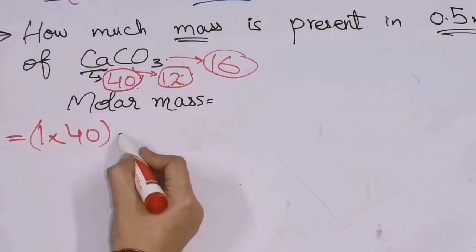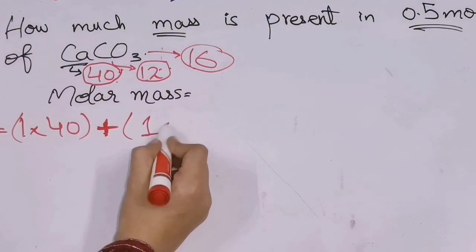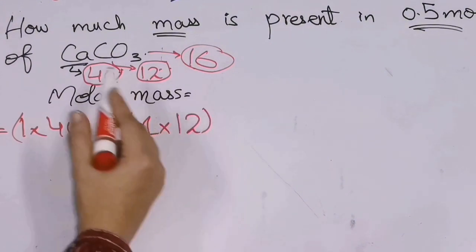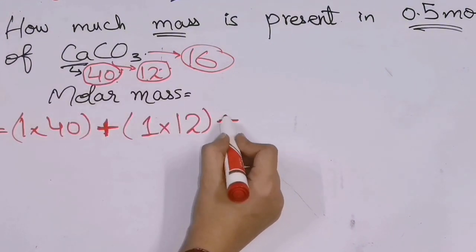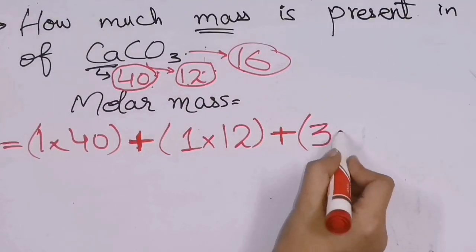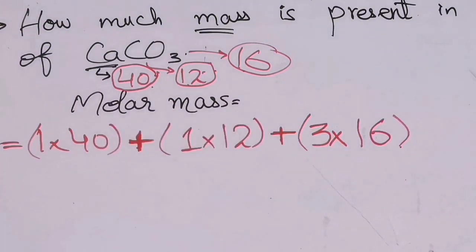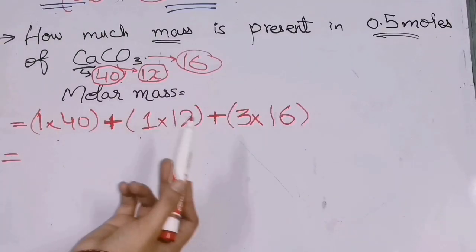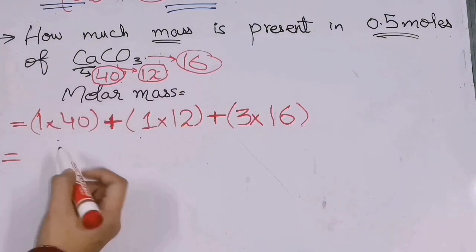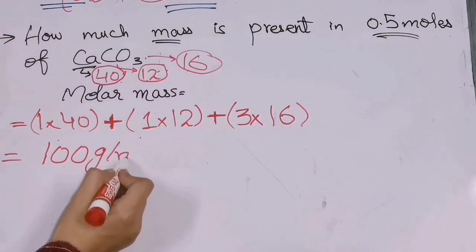How many carbon is present? 1. We will put the plus sign over here and 1 multiplied by 12. Then how many oxygens are present? We will put the plus sign and then we will write 3 oxygens which will multiply with the atomic mass, that is 16. When we multiply and add all these, we will get an answer 100 gram per mole.